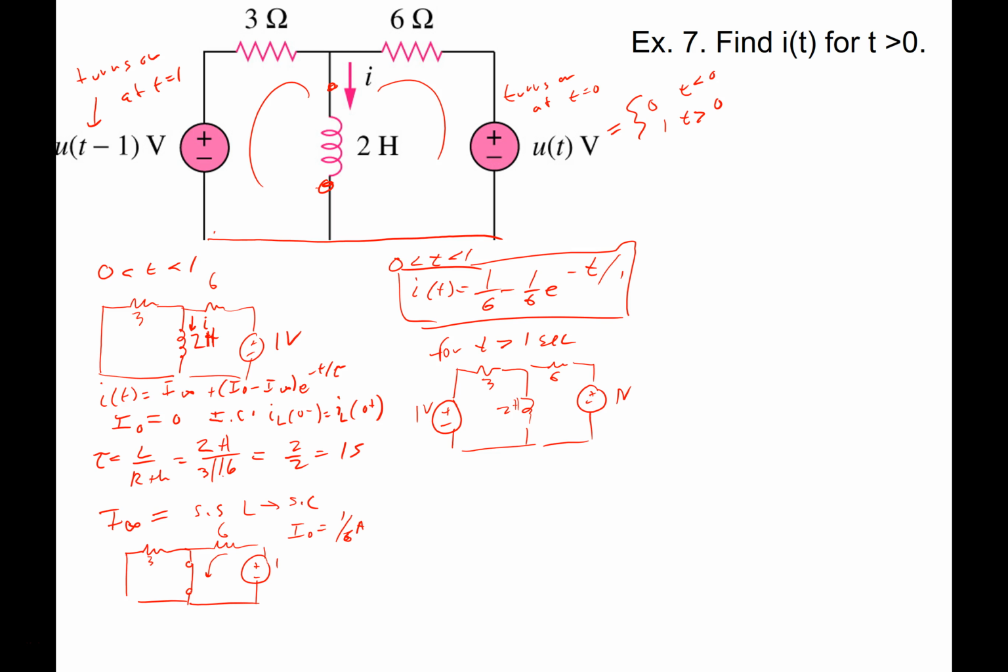And we could treat this like a regular first order circuit, except what's confusing about it is that the switch is coming on at t equals 1 second. So this is where I was saying, to make this work out so you don't screw anything up, we're going to make a t prime variable, which is going to equal t minus 1.